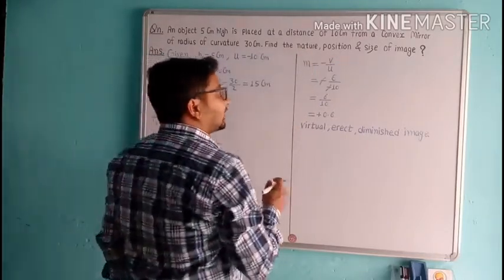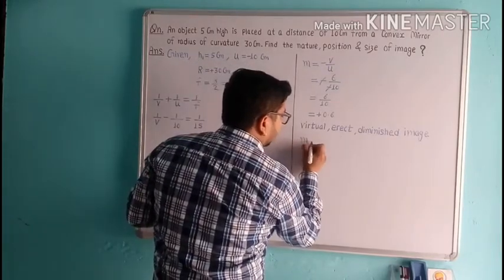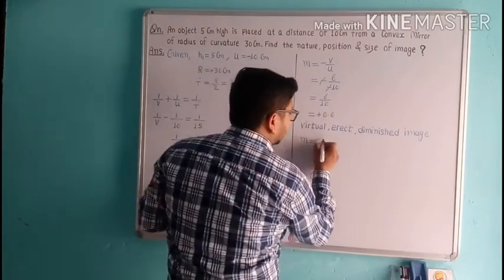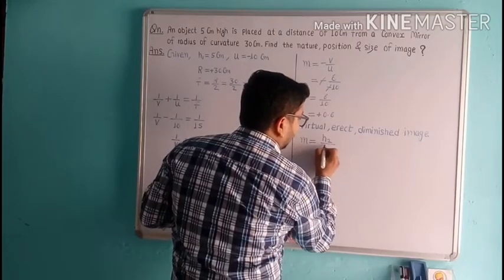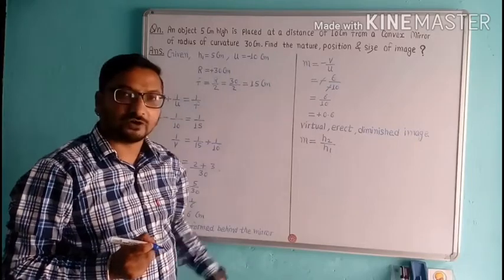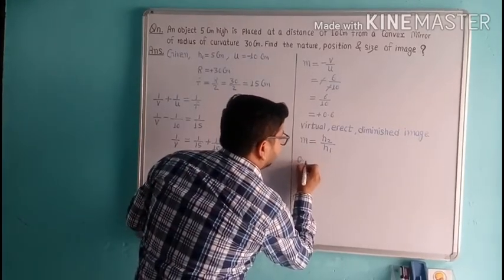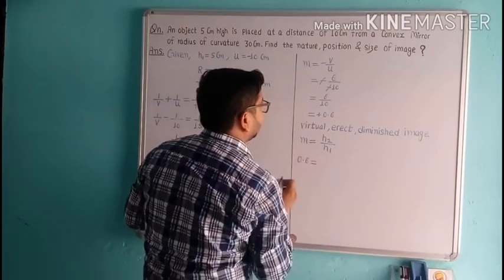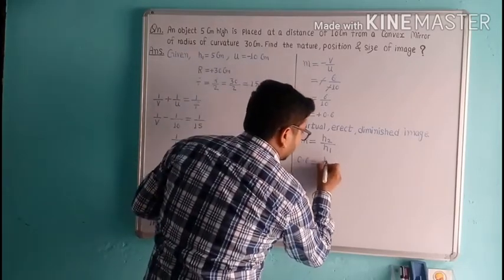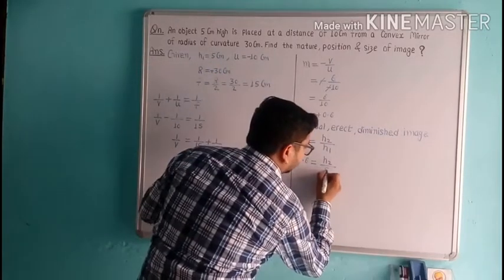Now let's talk about the size of the image. Again we use the magnification formula, m is equal to h2 upon h1, size of image upon size of object. Now we have the value of m, that is 0.6, is equal to h2 upon h1. h1 is equal to 5.